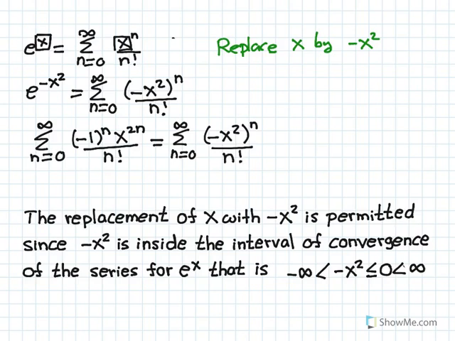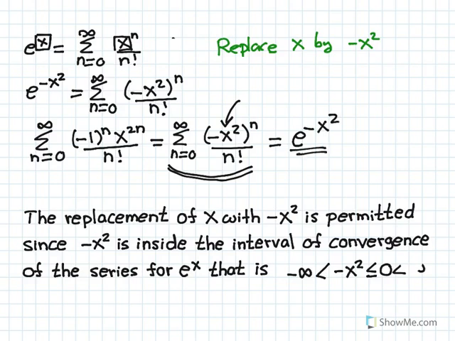Then we realize that this Maclaurin series is nothing but the Maclaurin series of e to the x. Well, actually, it's e to the minus x squared because this is our new x. So the sum of this Maclaurin series is e to the minus x squared.